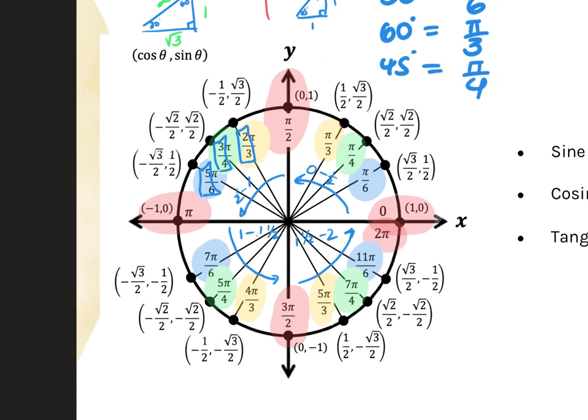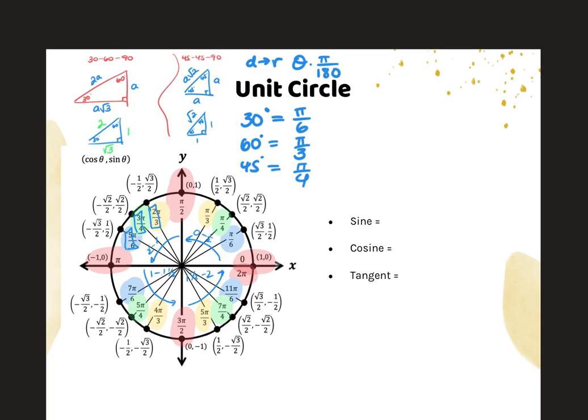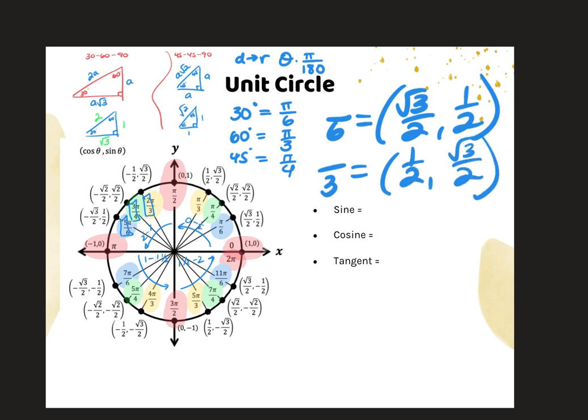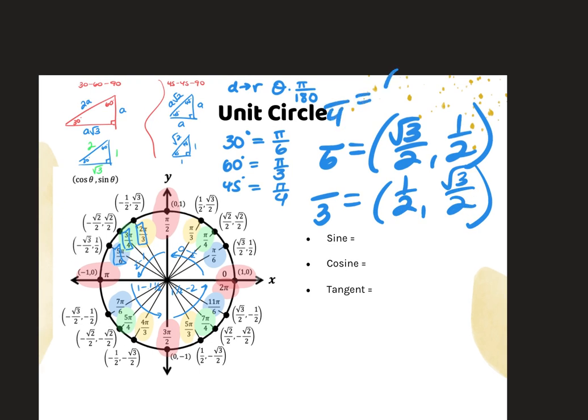So then if that's true, instead of memorizing my whole unit circle, what I want you to memorize is the coordinate points at each of those spots. So every π over 6 has the coordinate point that is √3 over 2 and 1/2. Every π over 3 is the reverse, 1/2 and √3 over 2. And every π over 4 is √2 over 2 and √2 over 2.